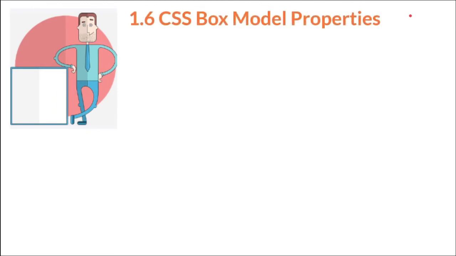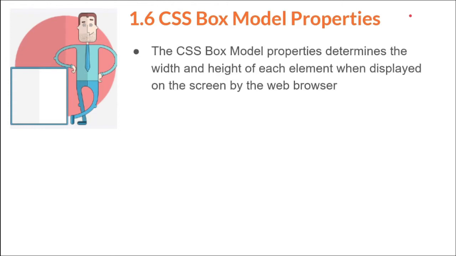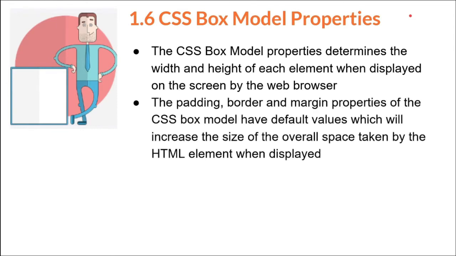Okay, moving on to the CSS box model properties. CSS box model properties determine the width and height of each element when displayed on the screen by the web browser. The padding, border, and margin properties of the CSS box model have default values which will increase the size of the overall space taken by the HTML element when displayed.